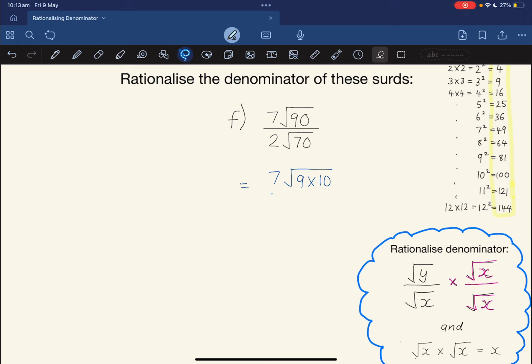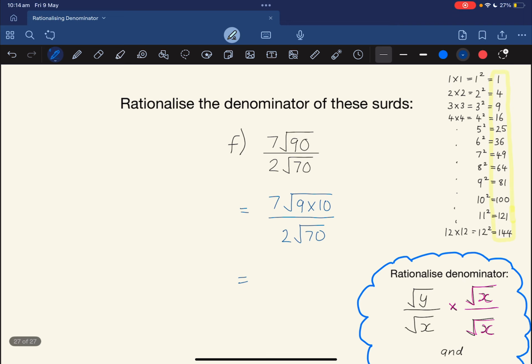Okay, so I'm just going to simplify it a little bit, make my life just a tad easier. Now, I don't think that 70 has any square factors, so there's nothing I can do there. 7 root 9 is 3 root 10.